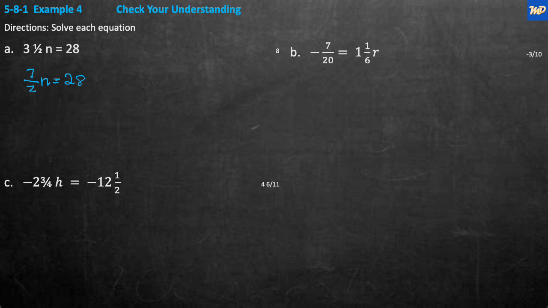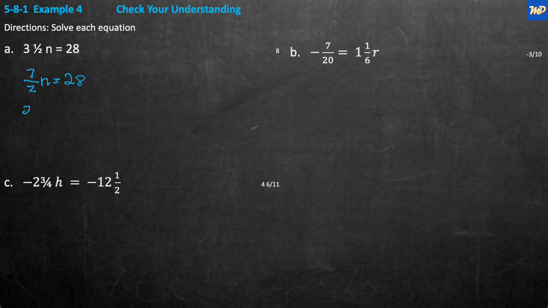Now the second step is to get the n by itself. What's on the left, we're going to leave on the left. To do that, we multiply the coefficient of n, 7 halves, by its reciprocal, 2 sevenths.